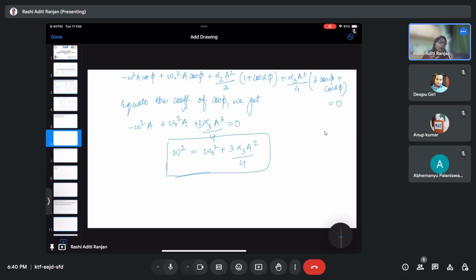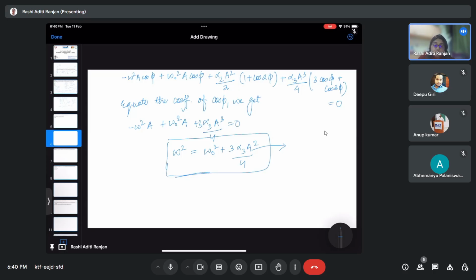Here, I first assumed my system is vibrating with frequency omega, then put it into the analytical solution. I get that omega is not exactly equal to omega naught. It actually depends on the amplitude A of oscillation.